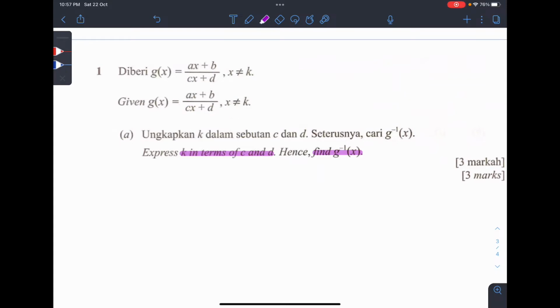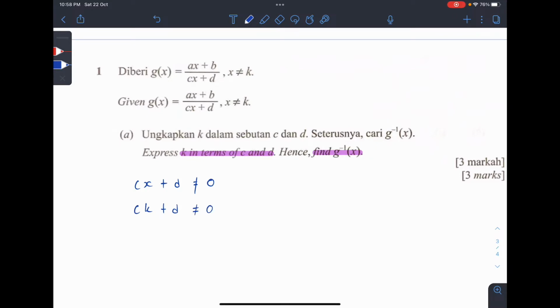So how do we solve this? Very simple. We're gonna take the cx plus d and say that it cannot be 0. We are going to substitute the k into the x, so ck plus d cannot be 0.